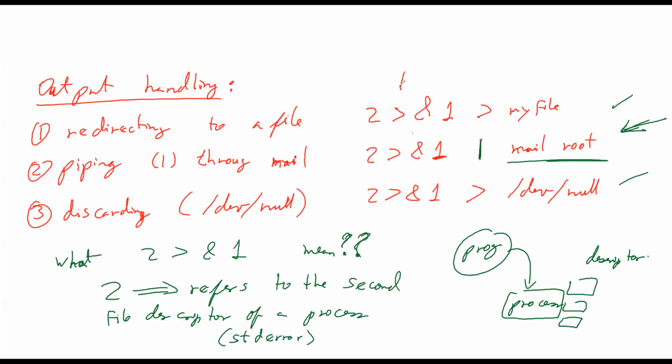This symbol, the greater than, means redirection. That is to say, you take whatever is in standard error, that descriptor of the process, and you send it somewhere.